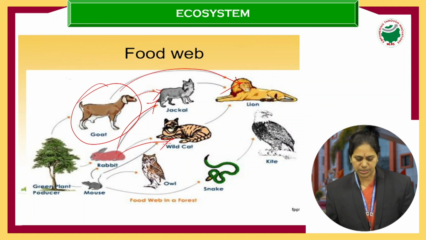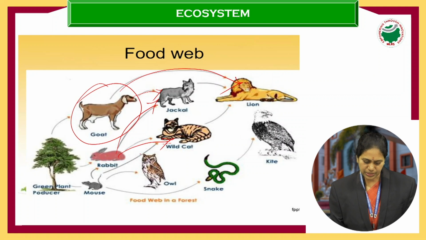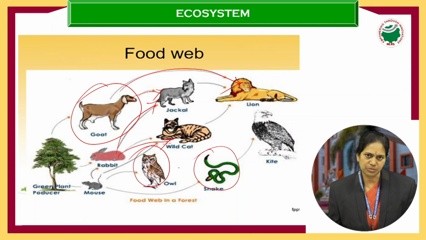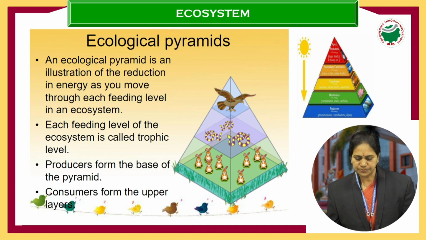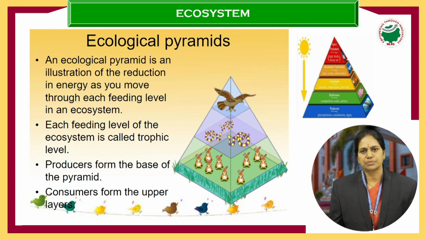There are no such rules. So this is what we call a food web. It is an interconnection of food chains or a network of food chains. Everywhere you can see one organism can be a source of food for multiple organisms. That is what I mean by a food web. So those are the different concepts or functions of an ecosystem.